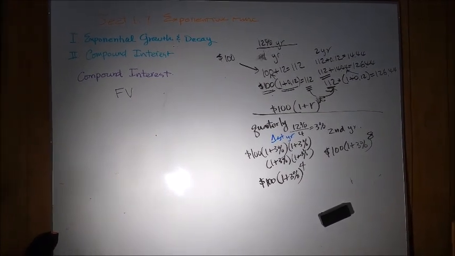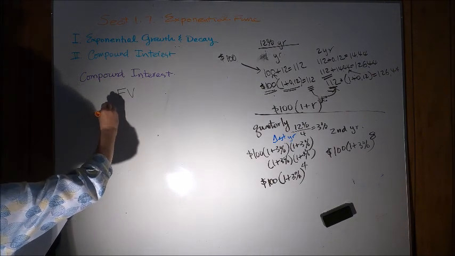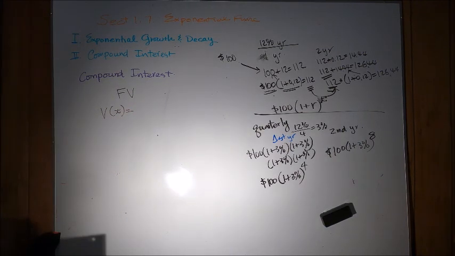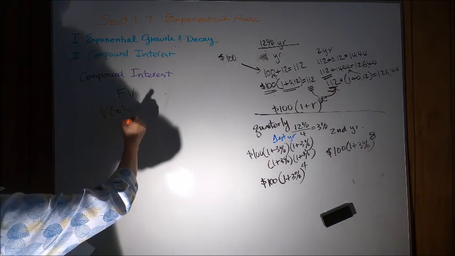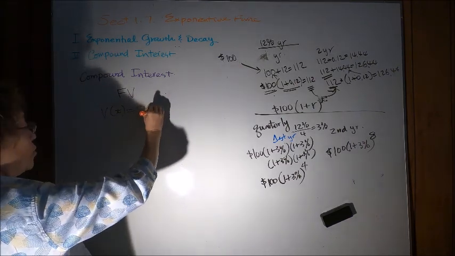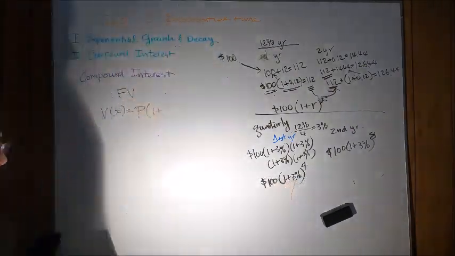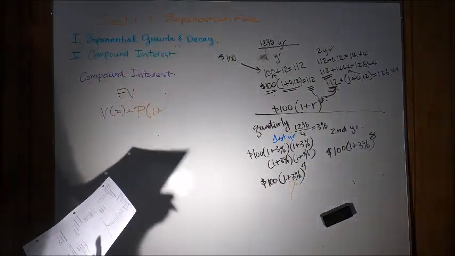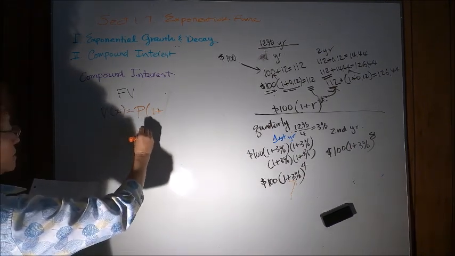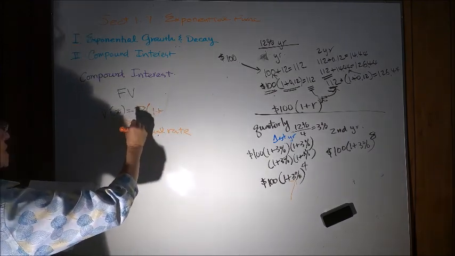So your formula is this way. Okay? The future value is your value according to how much time you accumulate, right? So it started from $100, it times what? 1 plus your rate. Say R, if R is your annual rate, right? So P is your principal.